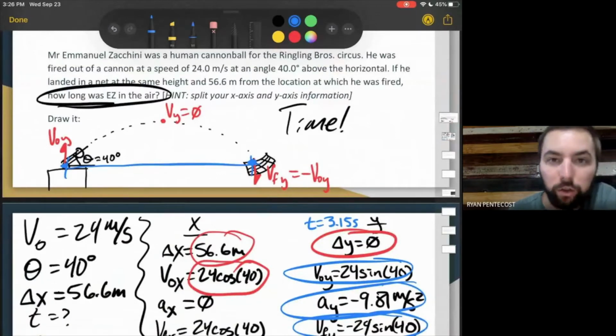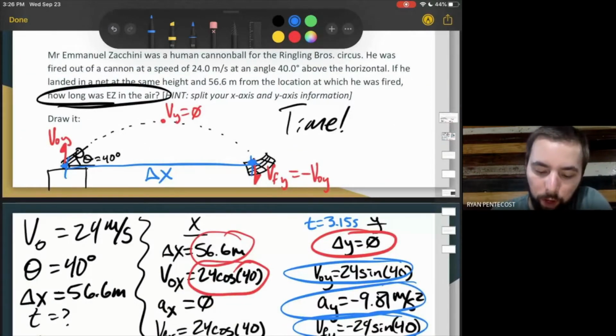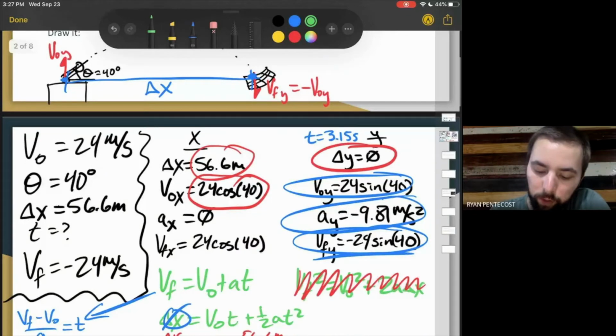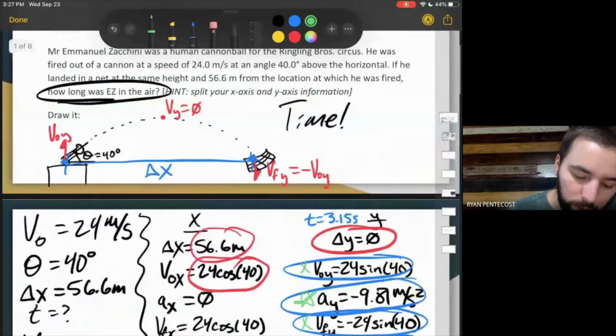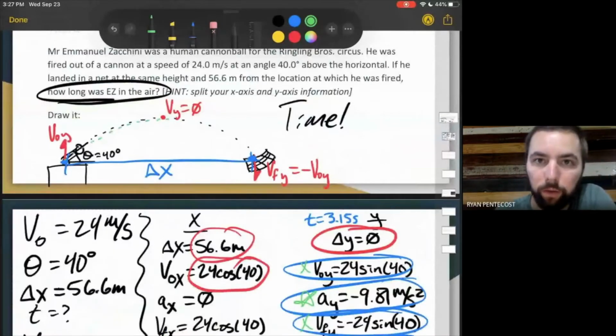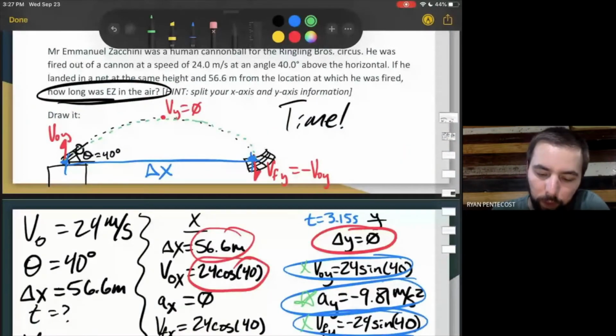We did not actually travel that distance. But if we look on the y side, right, we are looking at if we start with this velocity and end with this velocity, with this acceleration, what is the time? So that is actually showing the path along which we traveled, right? So they're finding two technically different things, okay?